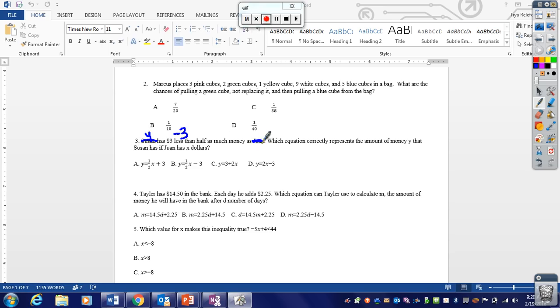Juan is X. Half as much money as X. So I need half of X, right? So you are looking for the equation that has minus 3 and 1/2 times X.